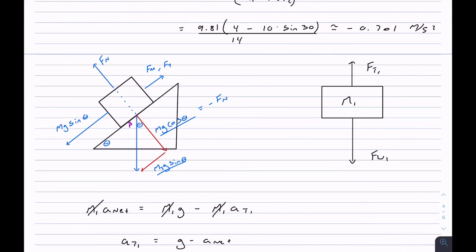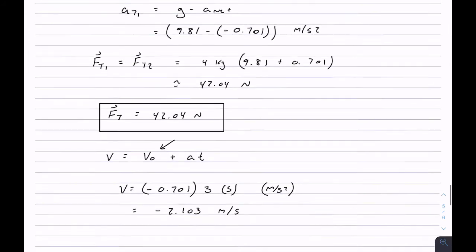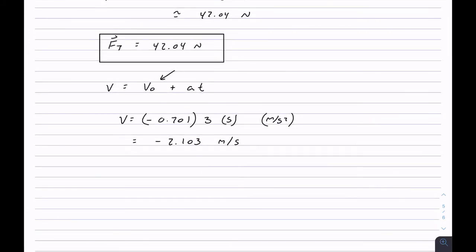I defined this direction to be negative. So it's going to be sliding down the ramp. If it's big enough, after 3 seconds, it'll continue sliding down the ramp, and it's going to be going at this speed. Because I think we were asked to find the speed, right? Yep, what is the speed? And there you go.